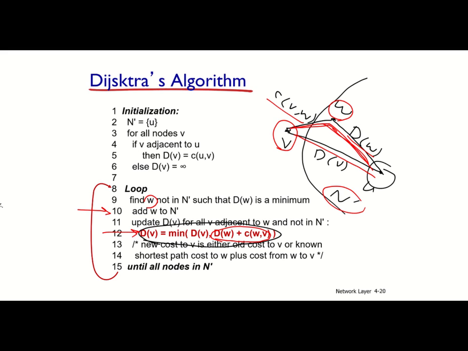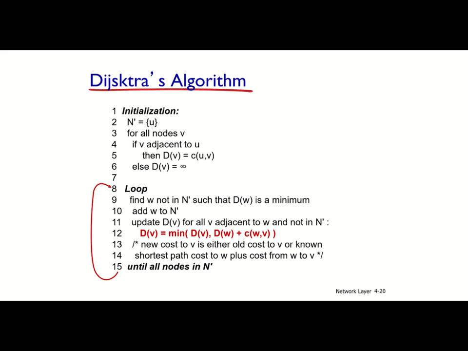So you have to get the minimum of that value and the value that we have already calculated for the distance between u and v, which is the current value of d of v. So the current value of d of v and then the value of d of w plus c of w and v are two candidates for the new value of d of v. Whichever is smaller becomes the new value for d of v, which specifies the new minimum distance from u to v.